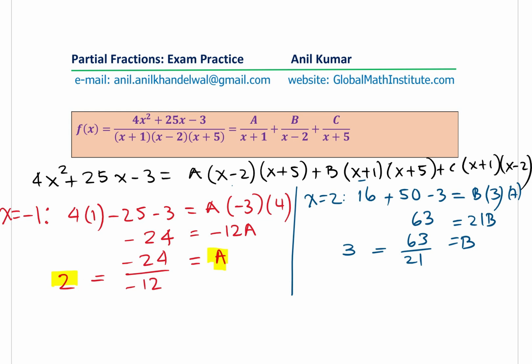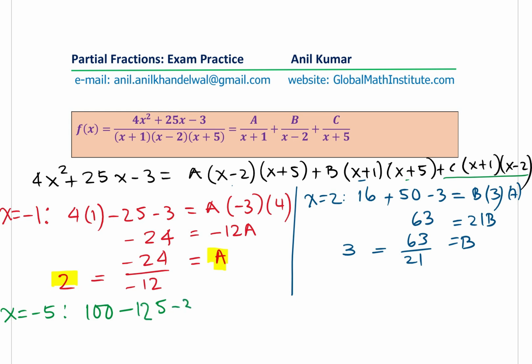Now the third value, you can get the value of c provided you substitute a value of minus 5. So if I substitute x equals minus 5, 5 squared is 25. So in that case, 25 times 4 is 100. 5 times minus 5 will make it negative, yes. 5 times 25 is 125.